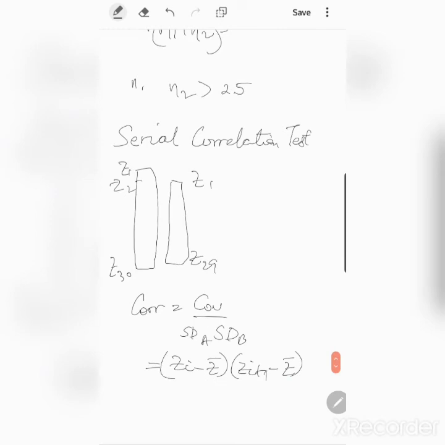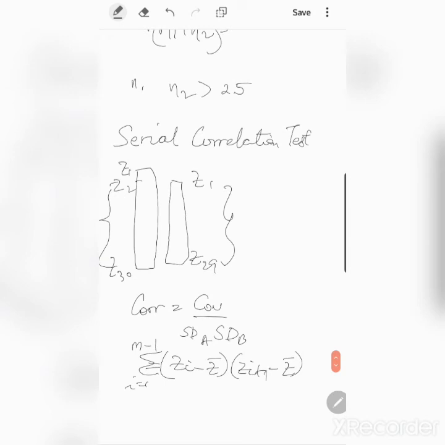So Zi minus Z bar is probably Z1 to Z29. Zi plus 1 minus Z bar is Z2 to Z30. So across all of them, I'm getting a summation from i equal to 1 to 29. Though I have 30 elements, I'm only taking up to 29. Okay, so we'll say this would be m minus 1.